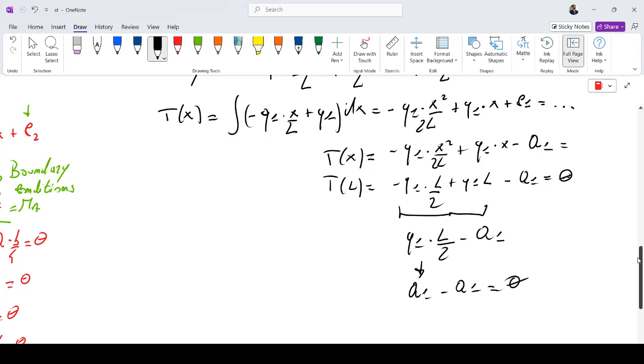So this is a simple method to calculate the shear distribution on the wing.